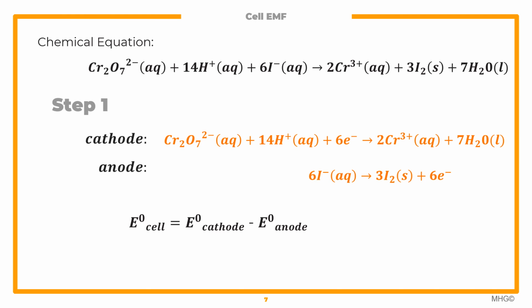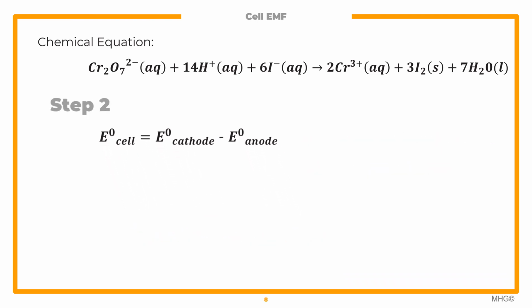And so, from the original equation, which defines that the cell potential is just the difference of the reduction potentials of the cathode and the anode, we will substitute the values of the reduction potentials of the two half reactions.